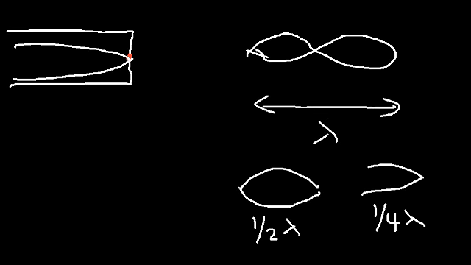So half a loop is 1/2 of a wavelength. Therefore, what we have is a quarter of a loop. And keep in mind, this picture represents the length of the pipe, which is L. So we can say that L is 1/4 the wavelength.